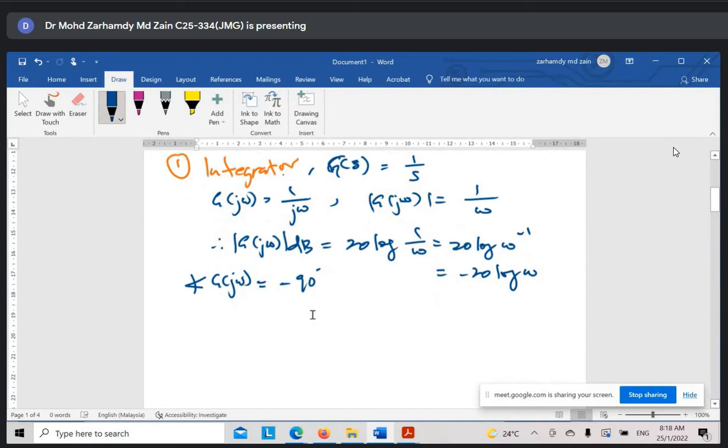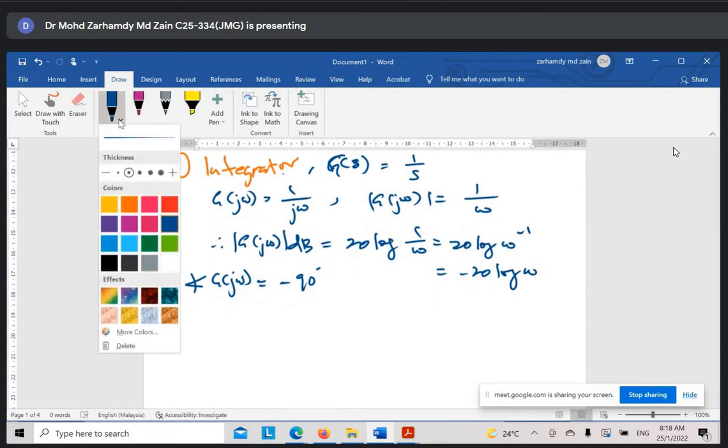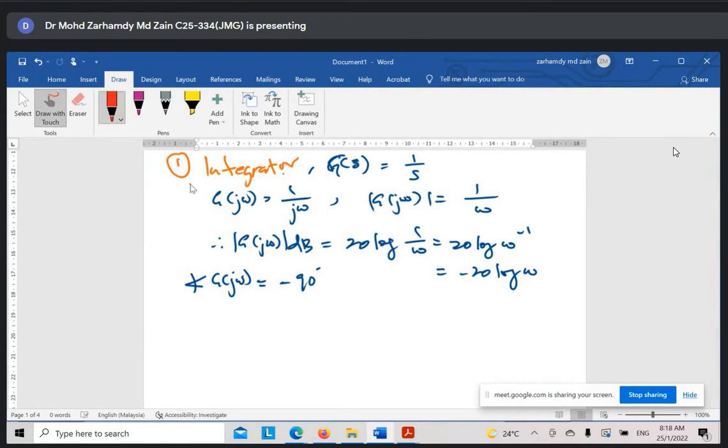So in terms of the diagram for this integrator, we must be careful. This is called the Bode figure. On the Bode figure, the y-axis represents the gain and the x-axis represents omega. Later I will explain in more detail how to sketch this.